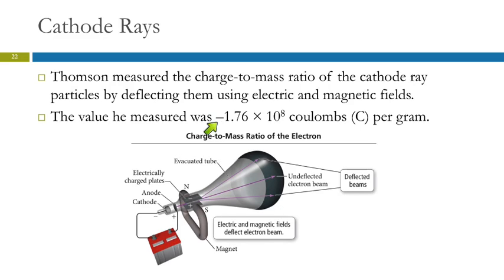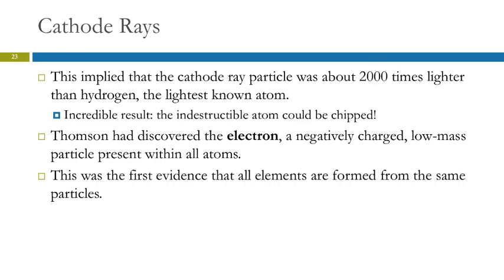So he found that the charge to mass ratio was negative 1.76 times 10 to the 8th coulombs per gram. You don't need to remember that number, but there it is. Coulomb is just a unit of charge. So this implied that that cathode ray particle was about 2,000 times less massive than hydrogen, the lightest known atom.